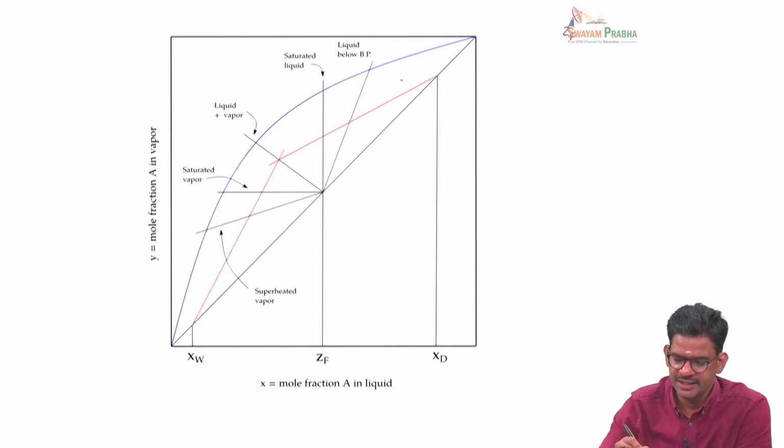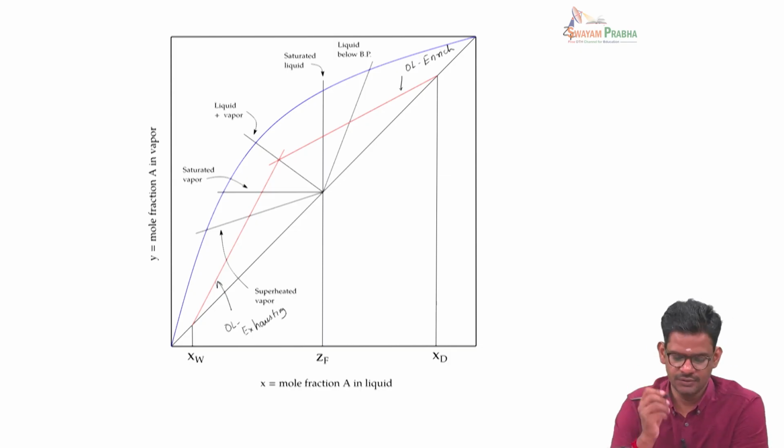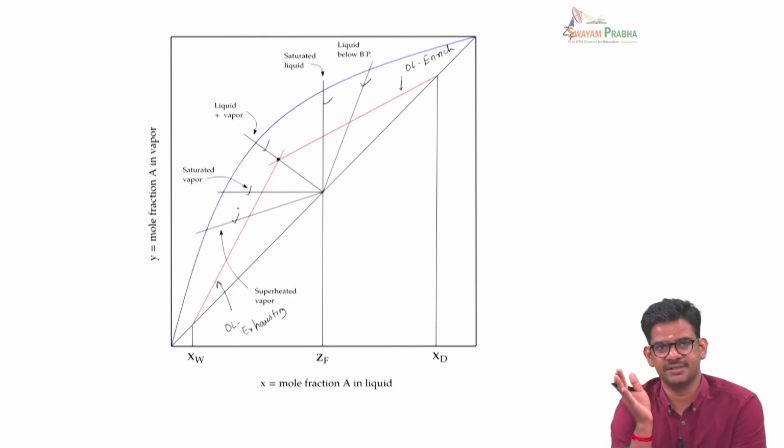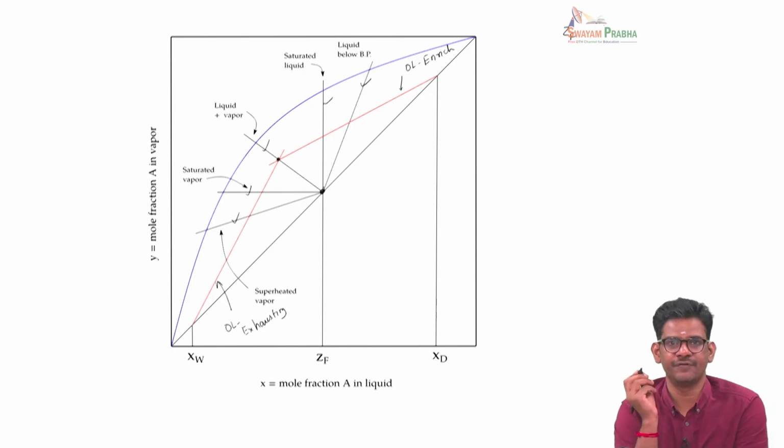So here this red line is the operating line of the enriching section, and this red line is the operating line of the exhausting section. Now these two lines cut at this particular location, and you see these different black lines, these are all different kinds of q lines, and as I said, the q line can have different slopes, but they all will start at the 45-degree line corresponding to ZF.